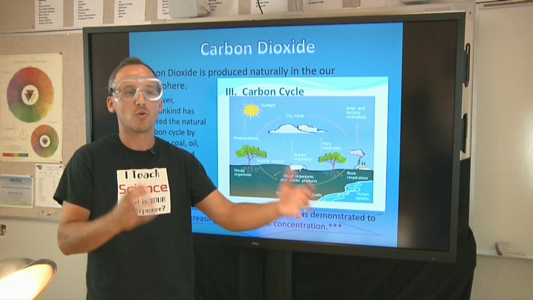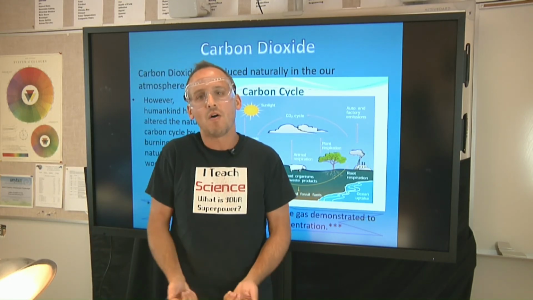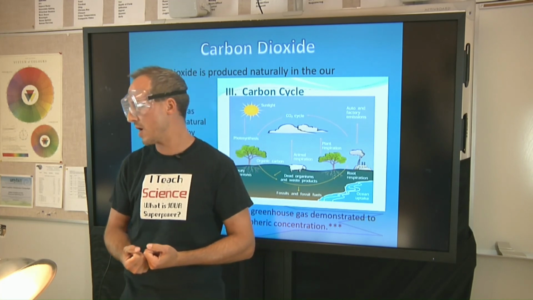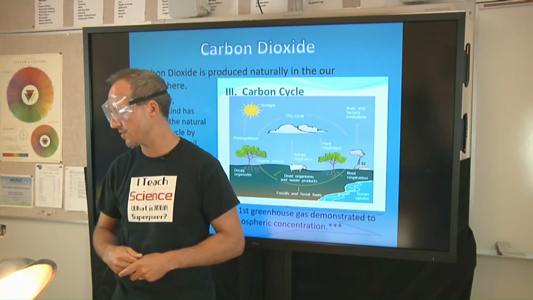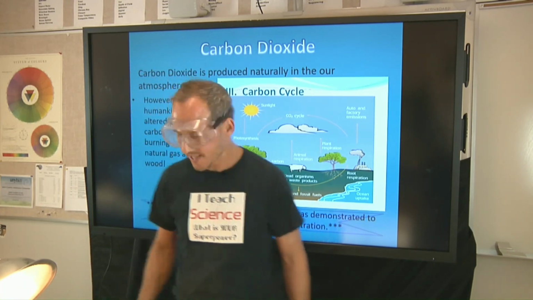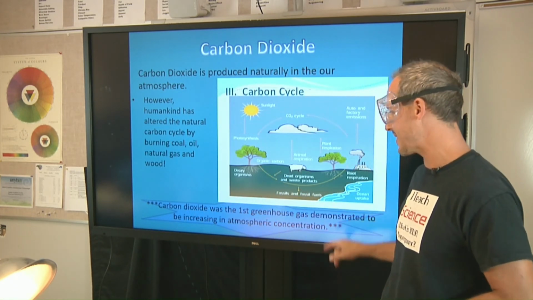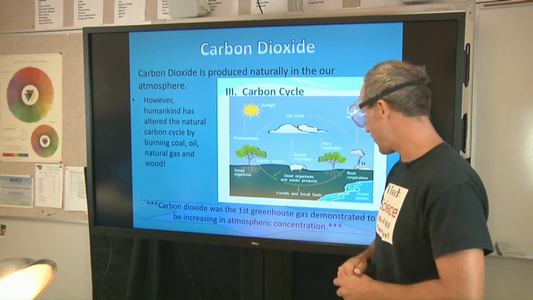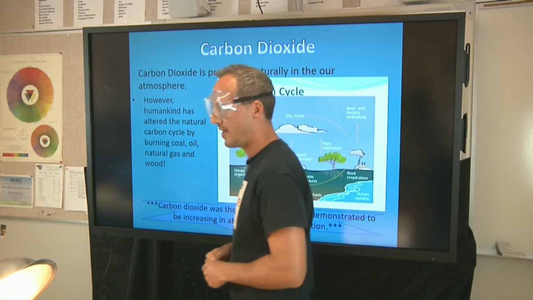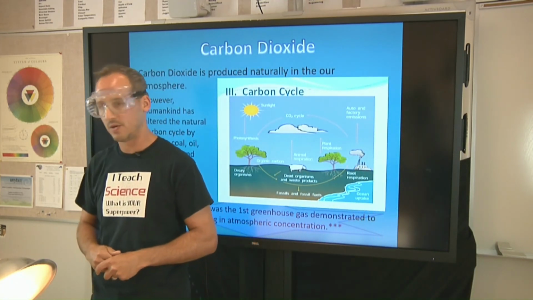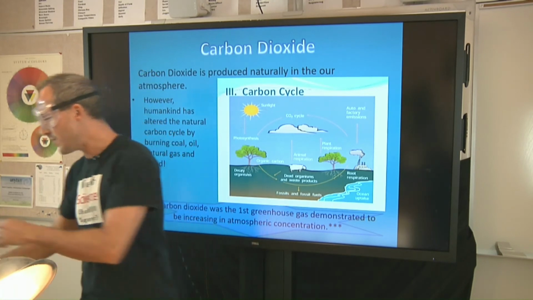So when we talk about oil and gas, that is all coming through the carbon cycle. But this is the thing: carbon dioxide was the first greenhouse gas demonstrated to be increasing in our atmospheric concentration. So I'm going to show you that now.